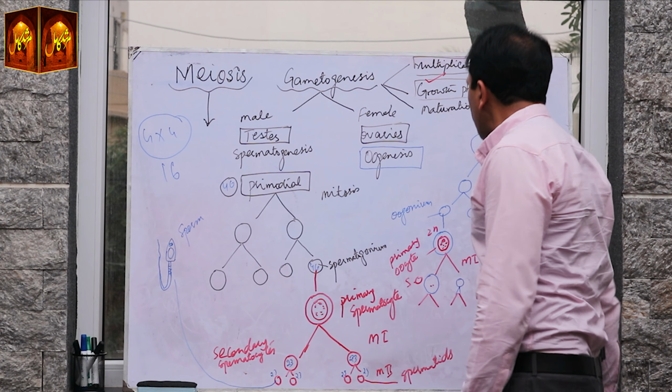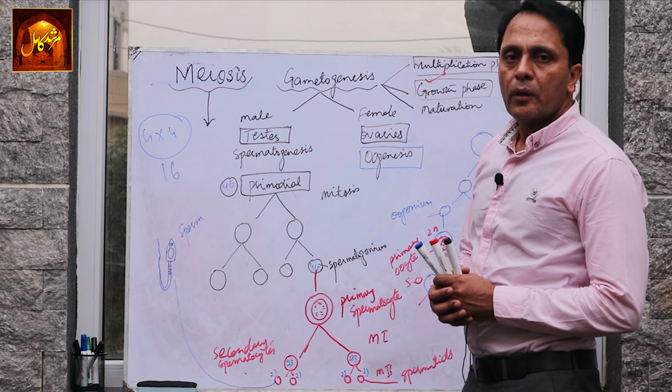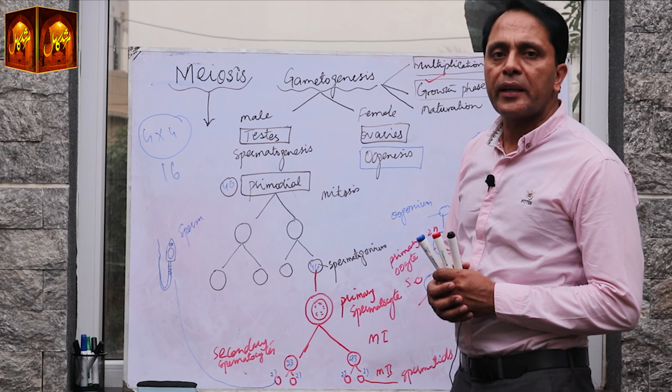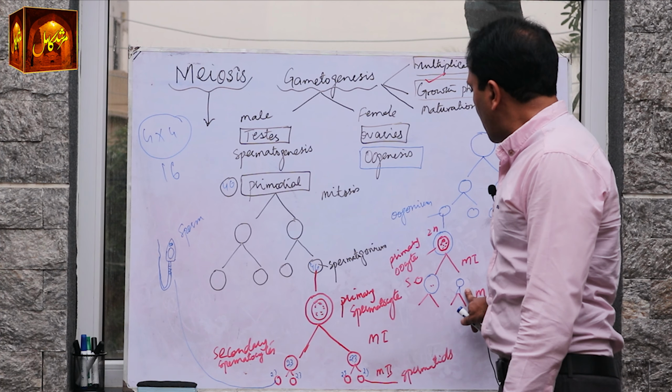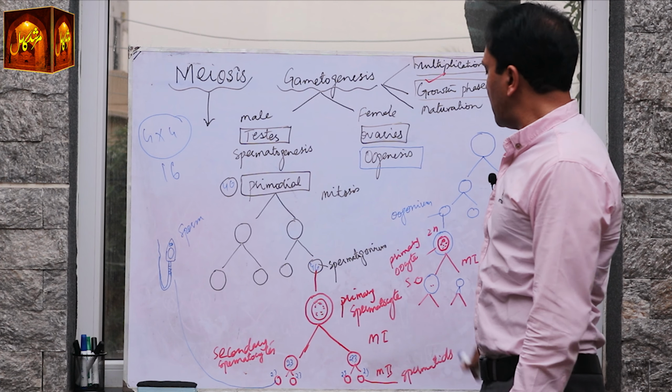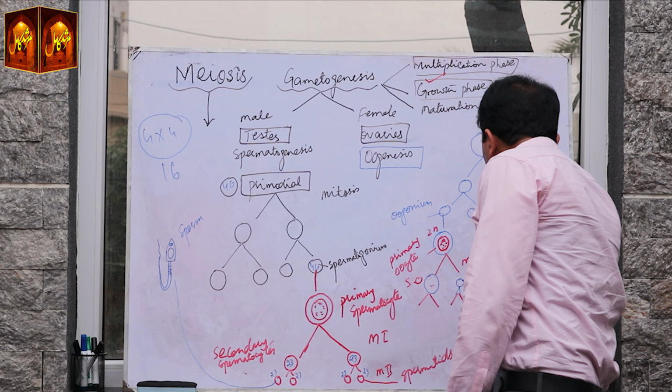The reason is, when they divide, during karyokinesis they will shift their genetic material equally, but the process of cytokinesis is unequal. That is the reason the second cell will be smaller in size. That's why it is called polar body. It's the first polar body.